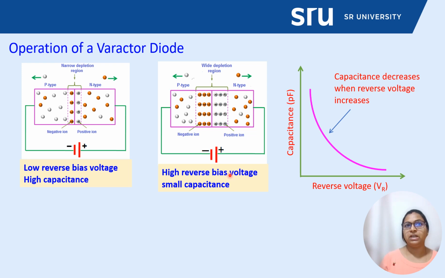So in a Varactor diode, the capacitance is varied when voltage is varied. So the Varactor diode is a variable capacitor. The capacitance of the Varactor diode is measured in picofarad, and the voltage is in volt only.